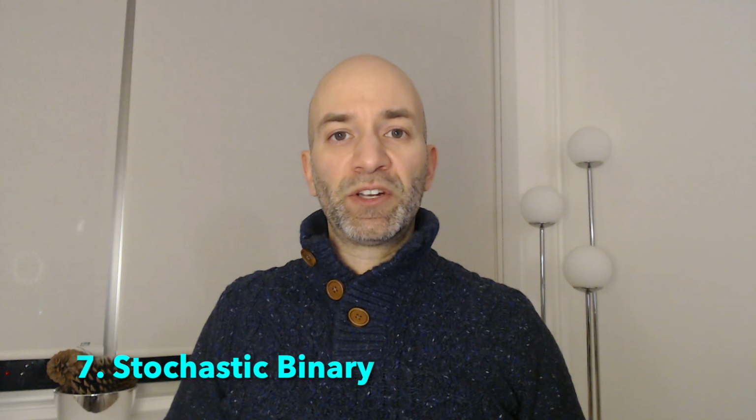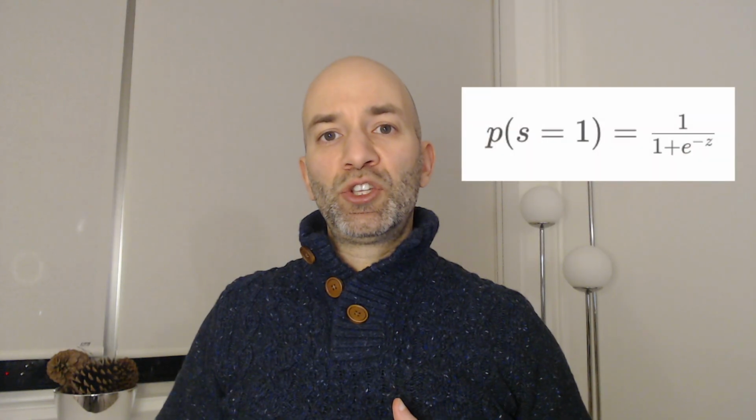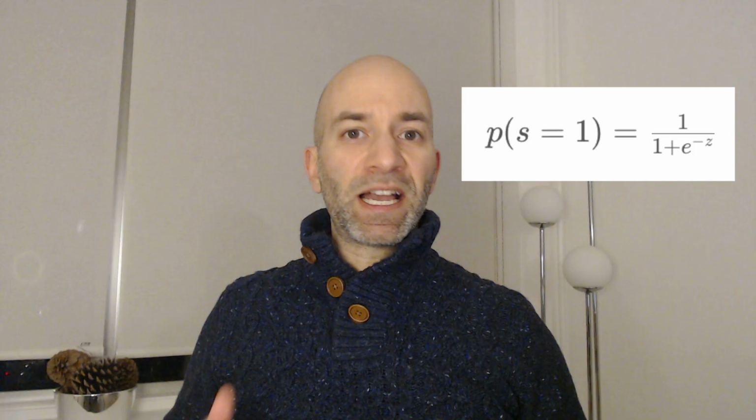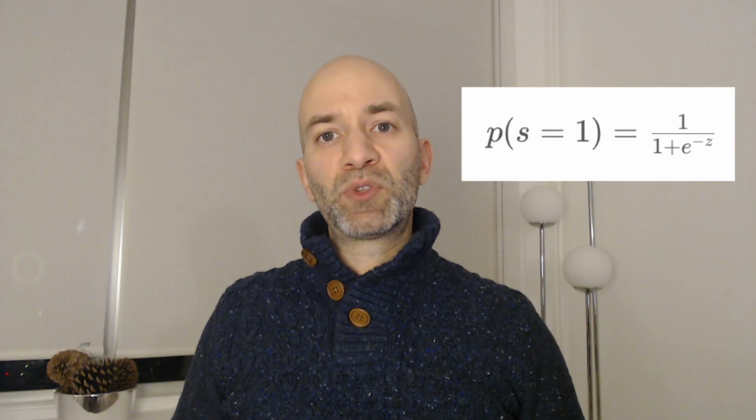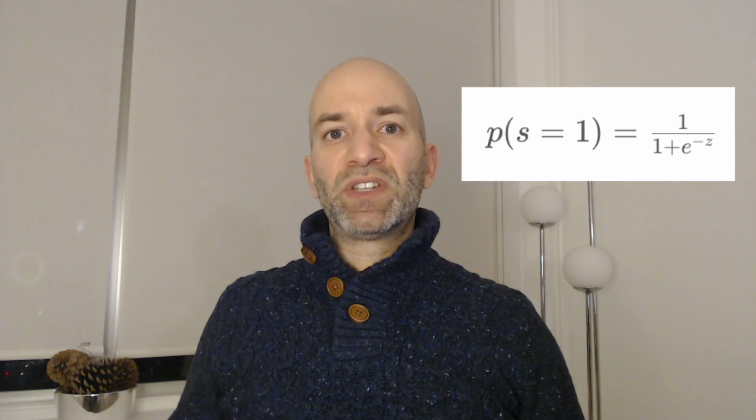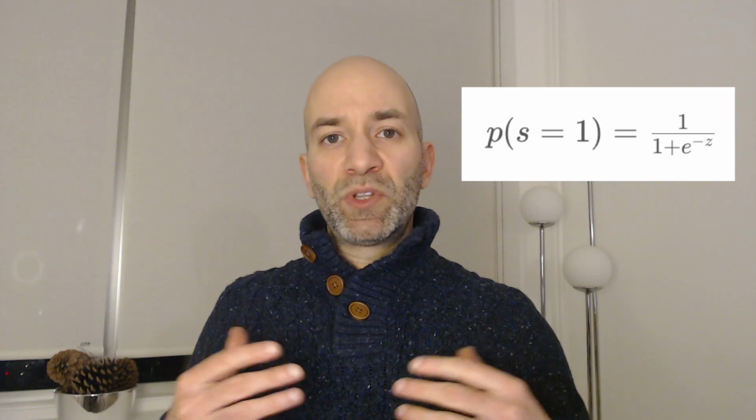The last type of activation function we'll cover here is called a stochastic binary activation function. And in this case, we use the sigmoid function, but it's not as the activation function per se. Instead, we use the sigmoid function to compute the probability of a given state to be true. So in this formula that we have here, we see our sigmoid function, and it's giving us the probability for state S to be equal to 1.